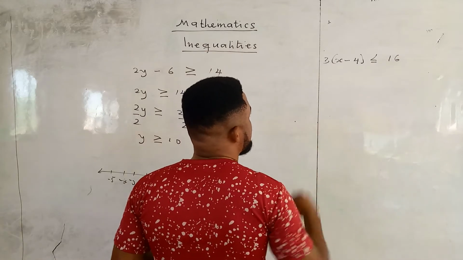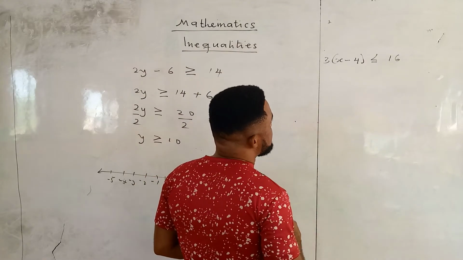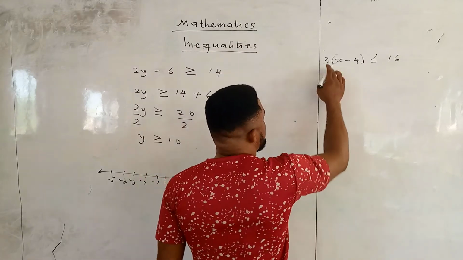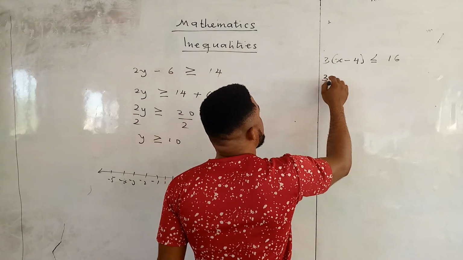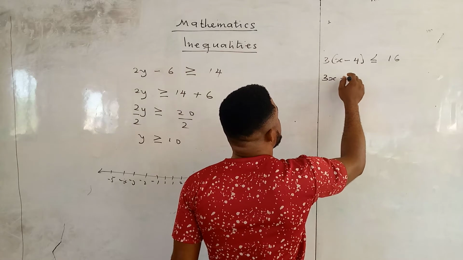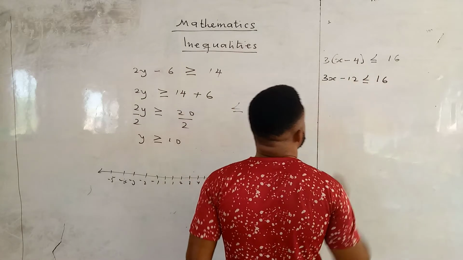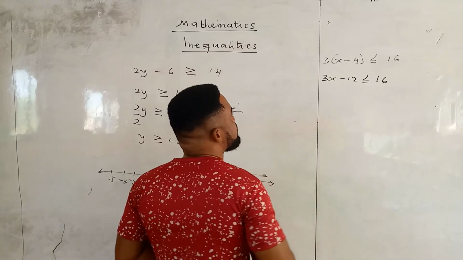Okay. So here, as usual, we dissolve the bracket. 3 times x will give us 3x. Positive 3 times negative 4 will give us negative 12. Less or equal to 16.